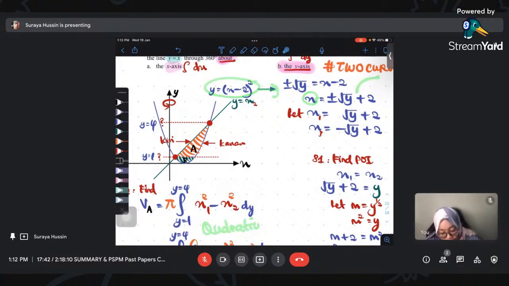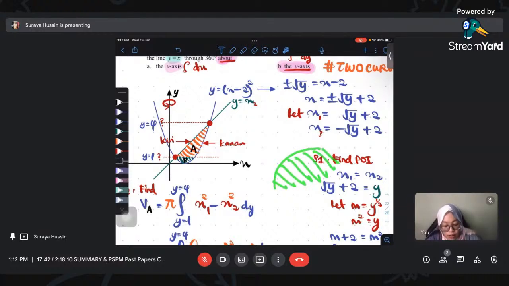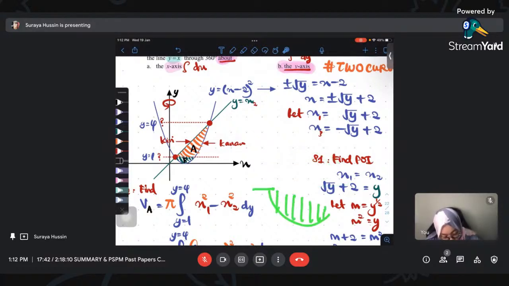Do you know that quadratic, kalau kamu pecahkan menjadi separuh-separuh, actually, bila you terbalikkan dia, you nampak separuh je, which is mean, you nampak square root function. Separuh lagi di bawah. Faham tak? Quadratic ini, dia related dengan square root function.